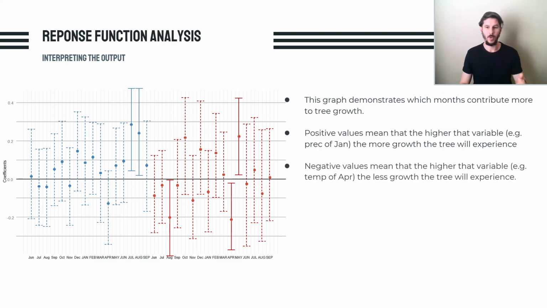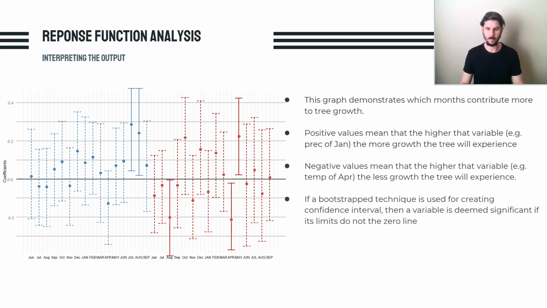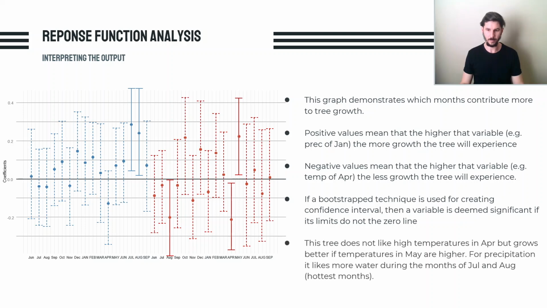So just some general points here of what I explained. This can help you find some structure in the data. You don't need to look only at significant months. You can actually look at the general structure, right? So sometimes you clearly see that during the summer, for precipitation, all the values tend to be positive.